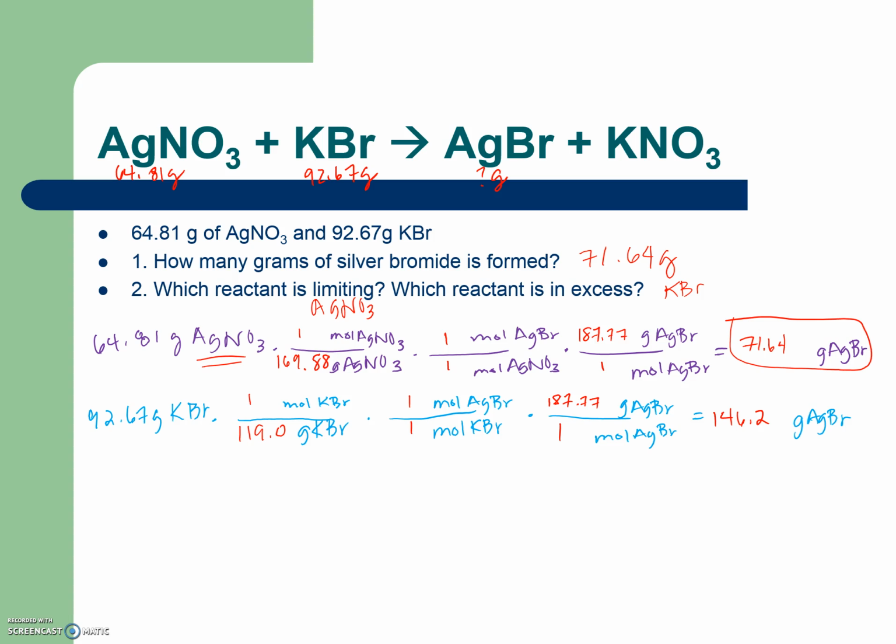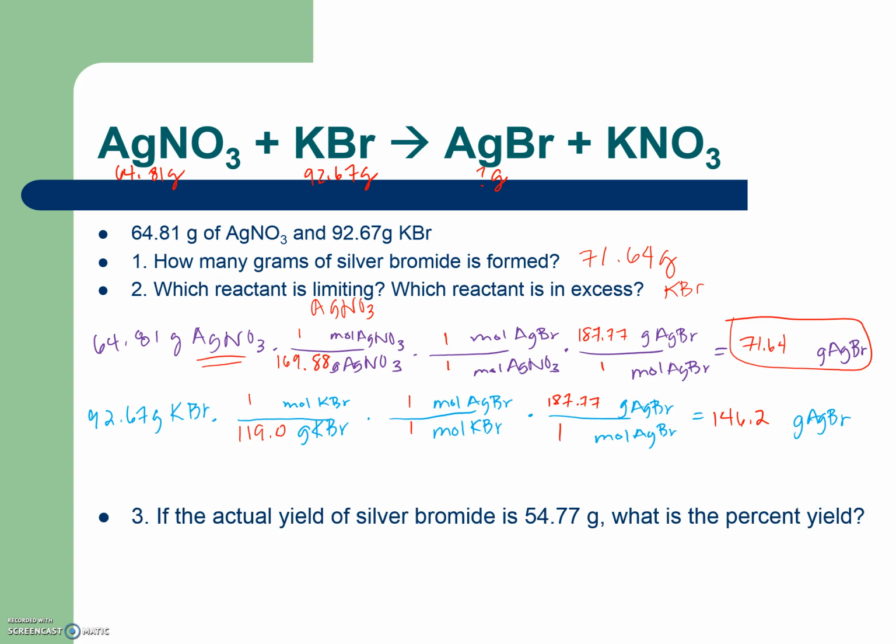I'm going to show you one more thing because this is the last part of this unit. It's called actual and theoretical yield. So what happens is when we do problems, when we do the labs really in chemistry, theoretically this is what we should get. But chemistry is not perfect, so it doesn't come out to be the perfect amount. So we talk about something called a percent yield.